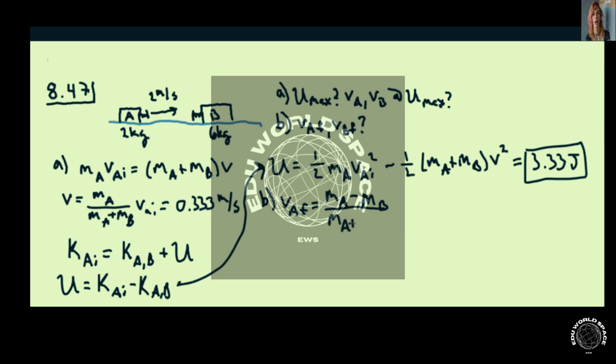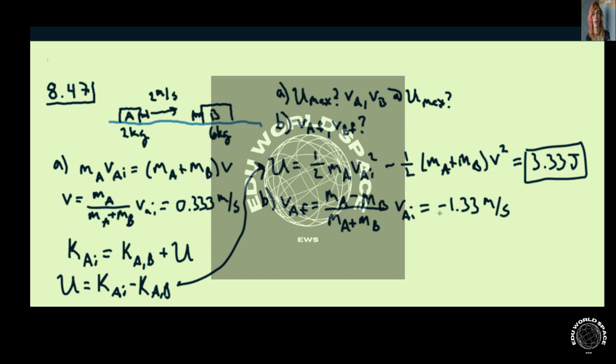So then this is the equation that the chapter shows how to derive. It's the ratio of the difference of the masses to the sum of the masses times the initial speed of A. And so then this gives us negative 1.33 meters per second.